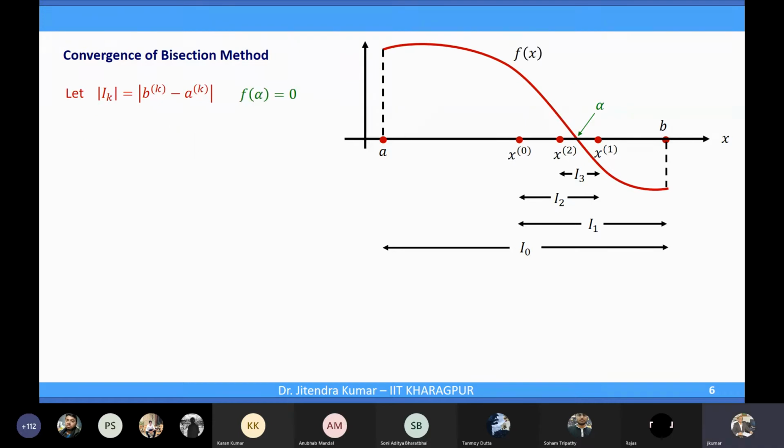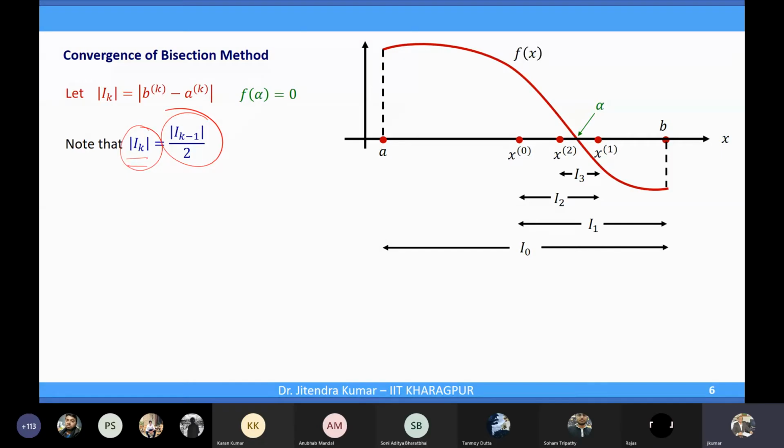So here f(alpha) is 0, that is the root. This is the interval width we are denoting by I_k, the difference of upper boundary minus lower boundary. So what you have noticed here, that the length of I_k is half of I_{k-1}, of the previous one.